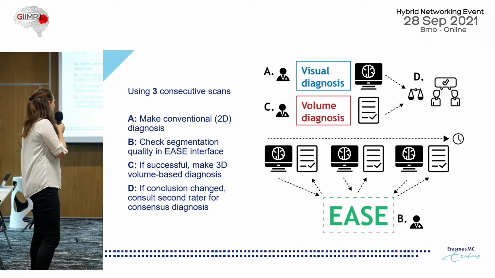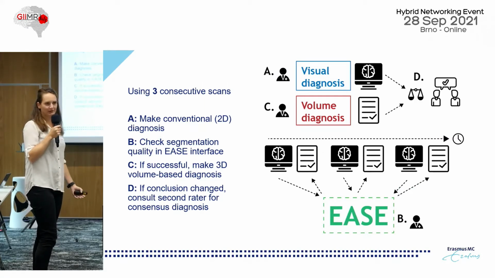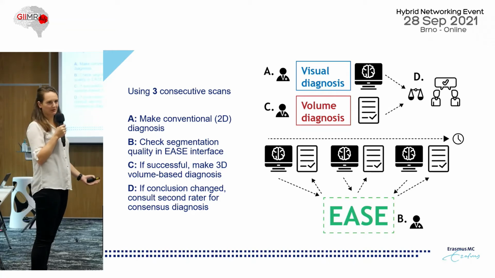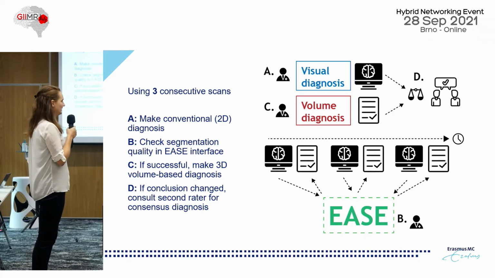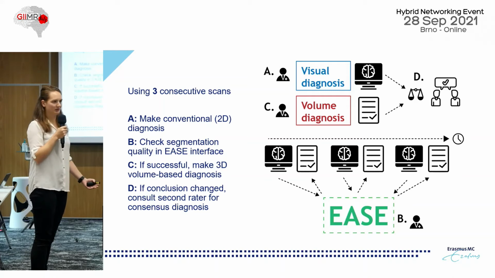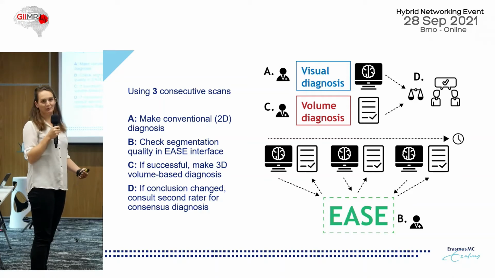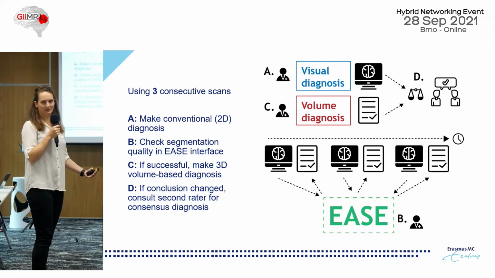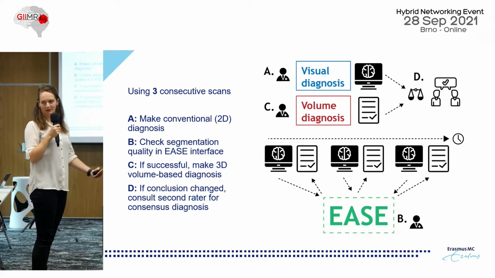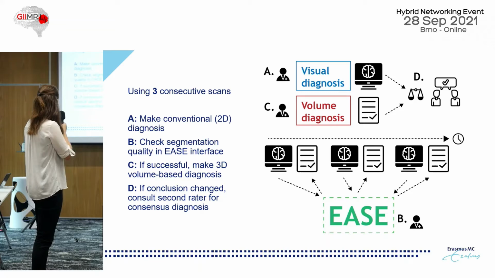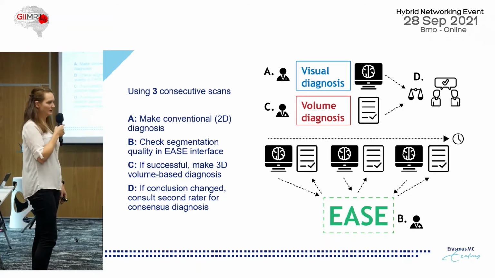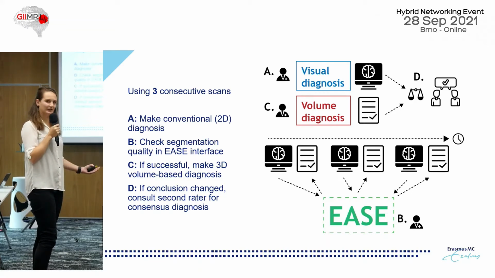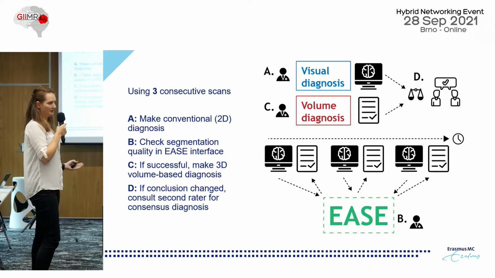And we developed a clinical protocol for the usage of these segmentation results because, of course, we cannot guarantee that every segmentation is always correct. So in order to be allowed to use this in clinical practice, we had to develop a proper protocol for the usage of these results. For one diagnosis, the radiologist will always use 3 consecutive scans.